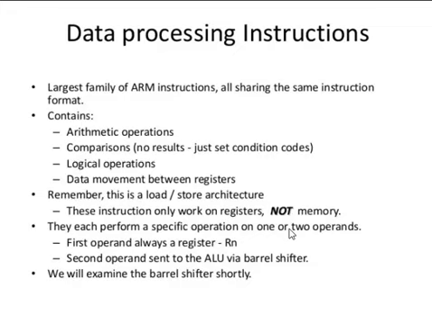There is one rule: the first operand is always a register in data processing instructions, and the second operand is sent to the ALU via the barrel shifter. The second can be a memory address location or immediate addressing mode. It can be anything.